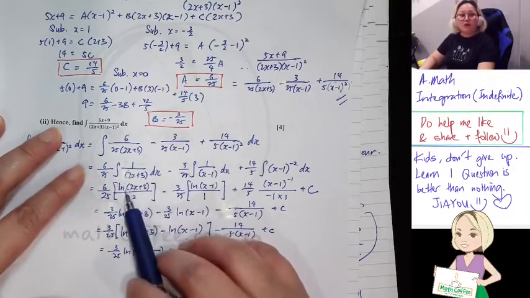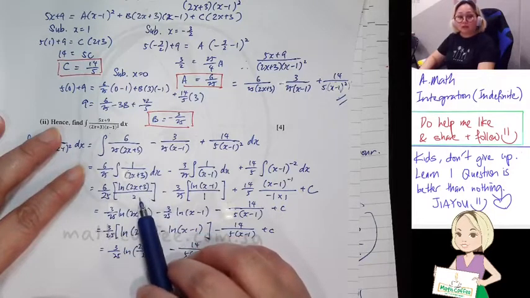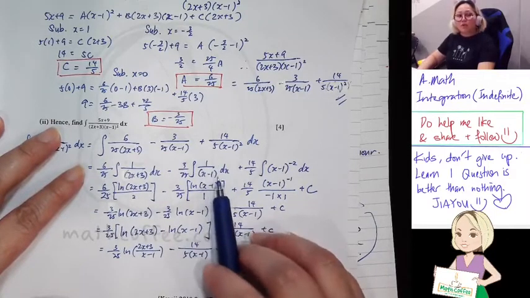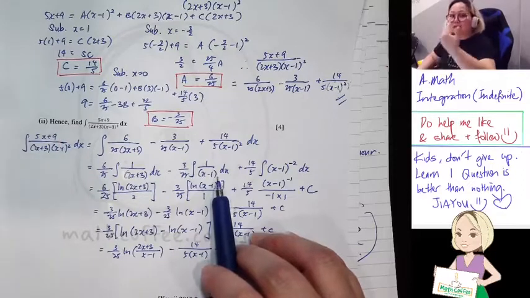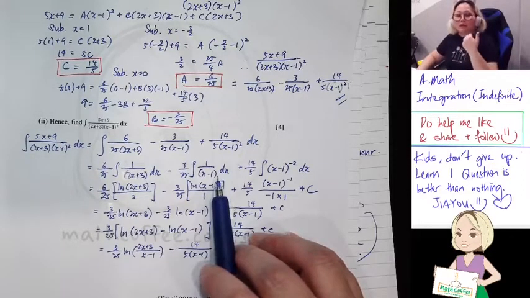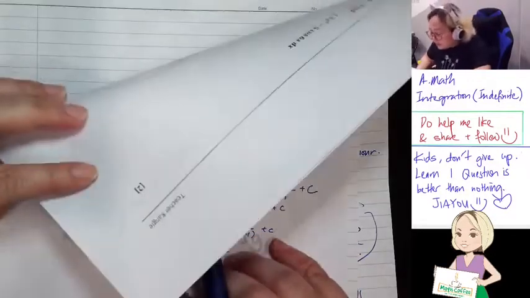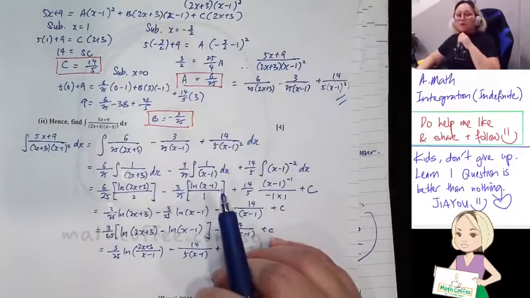So it will be ln 2x plus 3 over the derivative of the inside, which is 2, at the denominator. Same applies for integrating 1 over x minus 1, because it is x minus 1 to the power of negative 1. You will get ln x minus 1. You can refer to the TikTok live again.